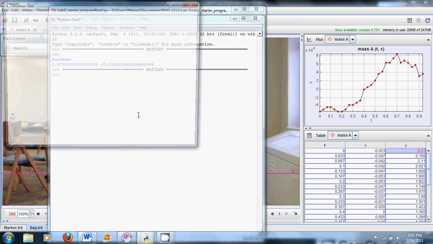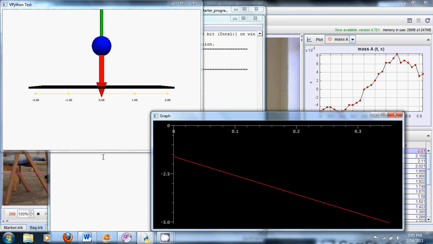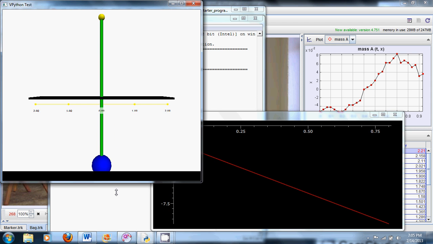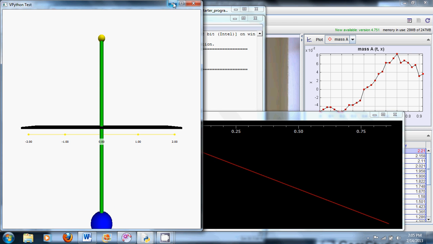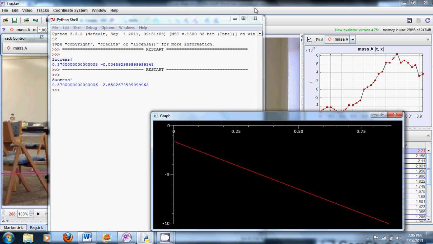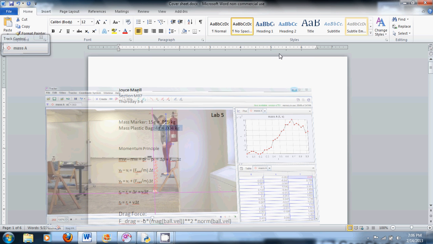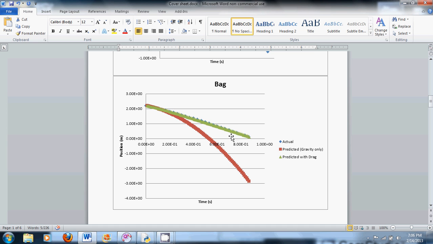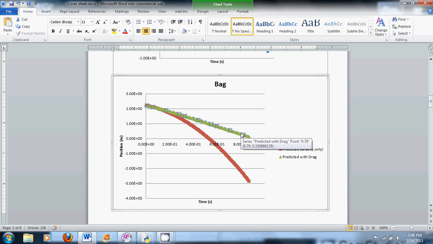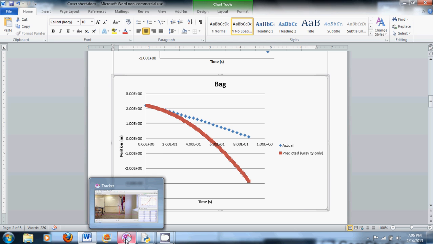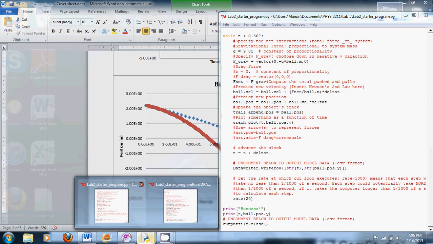So we'll go ahead and run that, and you can see the ball move down. Using that data, obviously it doesn't really work, because here's the actual data and here's the predicted data. So we need to go back and add in the drag force in order for this to work properly.